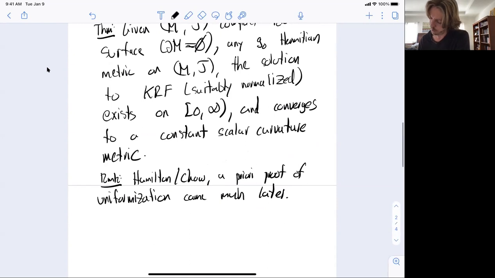This is a very short paper. I forget the authors, I think it's Lu and Tian. I can maybe give the precise reference later. It's a short paper which clarifies what had been done up to that point and where in the proof uniformization was used. And it's just a few extra arguments to make it completely a priori.